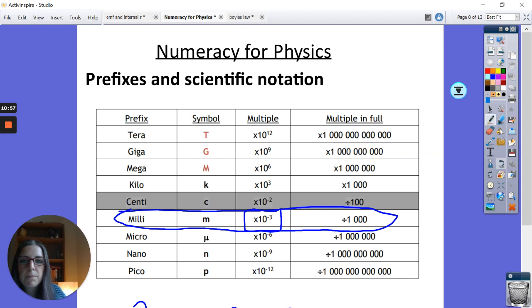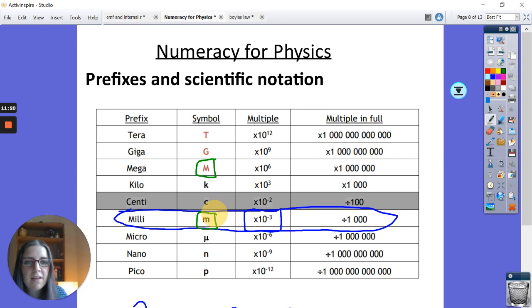A couple of things to point out here is M as a symbol. M is used for mega and M is used for milli. It's really important that you read carefully whether it's a capital M or a small m. It's also important if you were to write that in an answer, make your handwriting really clear that it's a capital M or a small m. Capital M is mega.